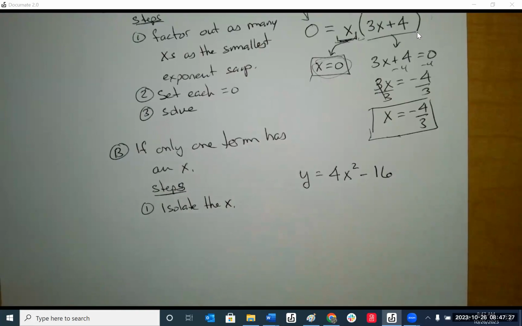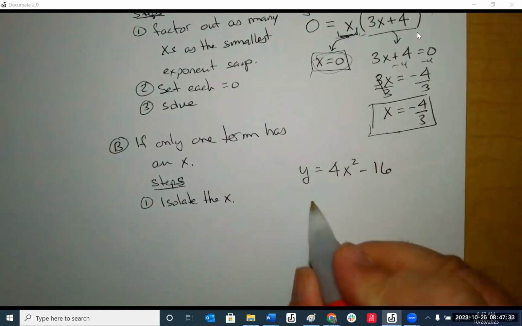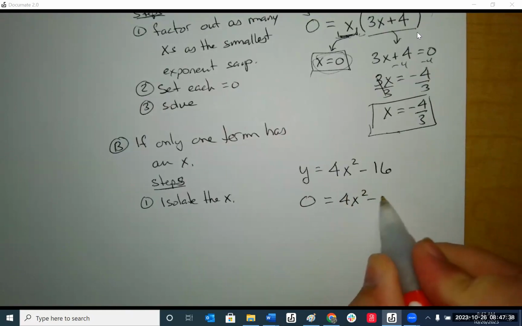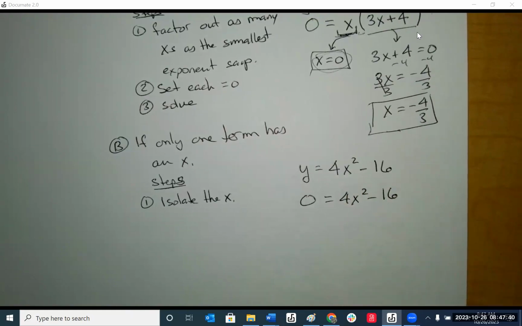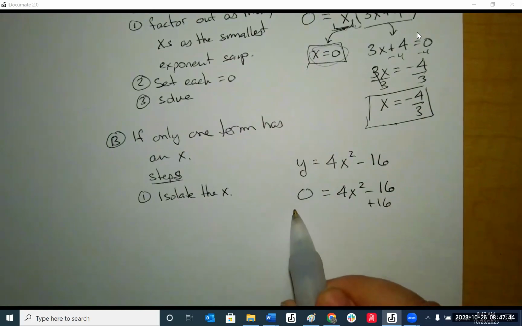Isolate the x. If only one term has an x, isolate the x. Well, actually, again, I keep on forgetting. Set it equal to 0. So we add 16 to both sides to get the x by itself.